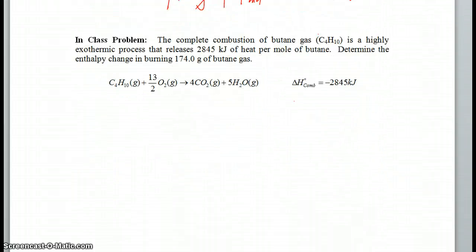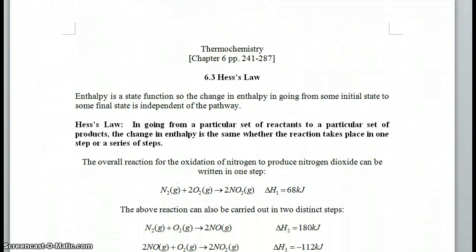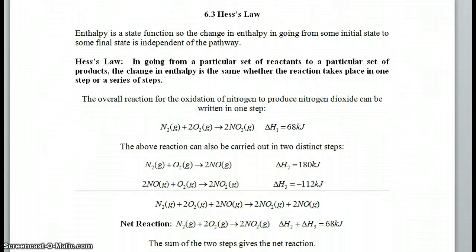Okay, so the final section that we'll go through, I'll have to bridge into another screencast, but this is Hess's law. So Hess's law is a result of the fact that enthalpy is what's called a state function. It means that the pathway that we use to arrive at the answer doesn't matter. So the enthalpy for a given process is always going to be the same as long as the reactants and products are the same.